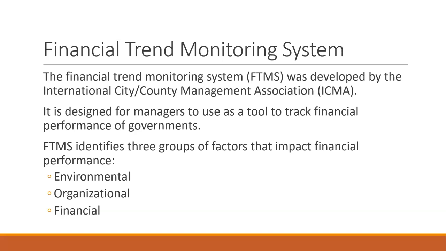This financial trend monitoring system was developed by the ICMA, and it looks at financial performance of governments. So it's a tool that we can use to track and determine how well we are performing. And the factors of financial performance that that organization looks at are environmental, organizational, and financial.